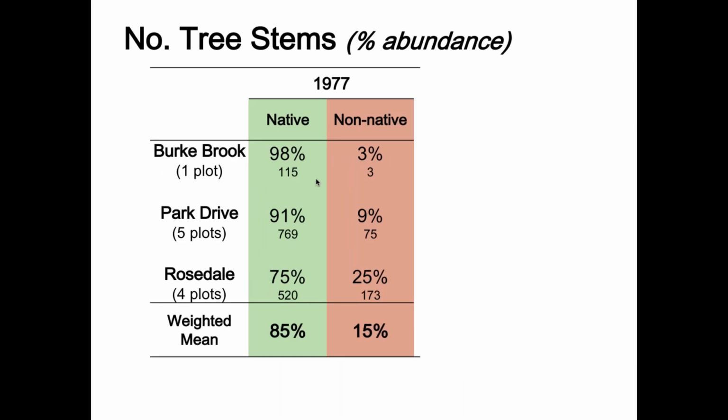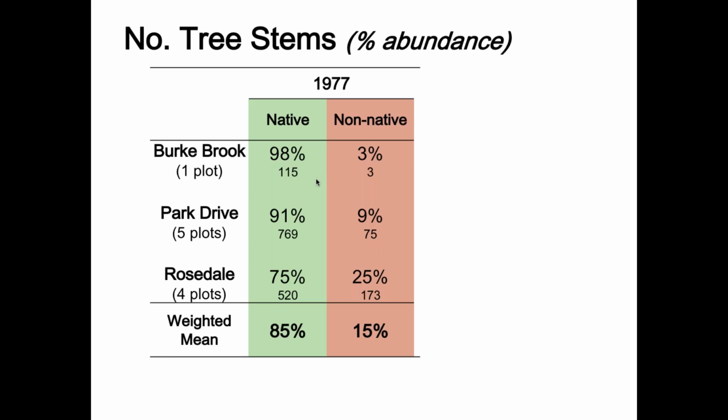The other way to look at this is not just presence, absence, but abundance, so the relative number of tree stems. Again, as a forester thinking about foundational species, how many stems are there? How many young ones are there to move forward? If you look at the 1977 report here, the 3 studies, and it indicates here how many plots we had set up.